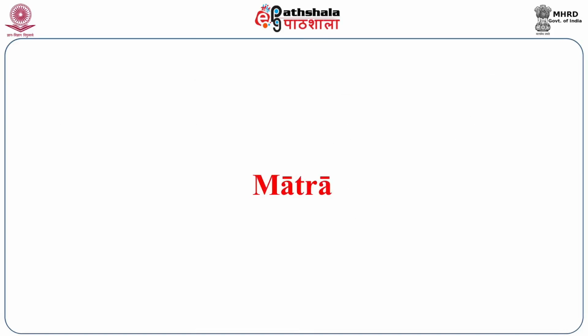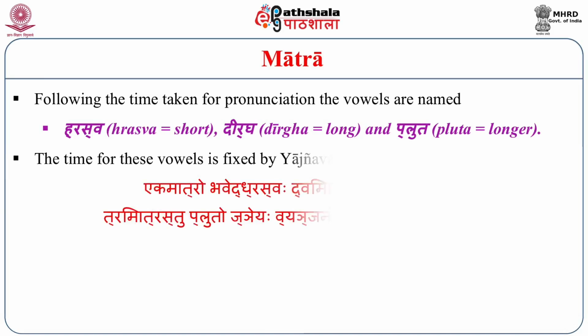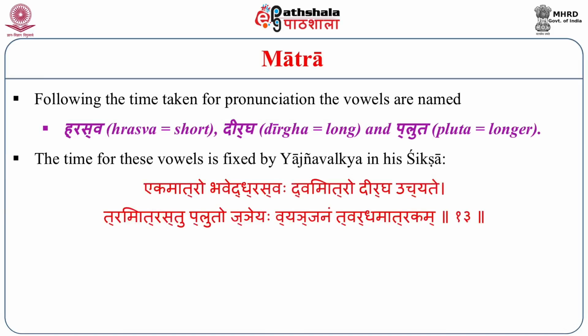Then there is one concept called matra. Following the time taken for pronunciation, the vowels are named hrasva, dirgha and pluta. The time for those vowels is fixed by Yajnavalkya in his Siksha. Ekamatro bhaved hrasvaha dvimatro dirgha uchyate trimatrastu pluto jneyah vyanjanam chardhamatrakam.